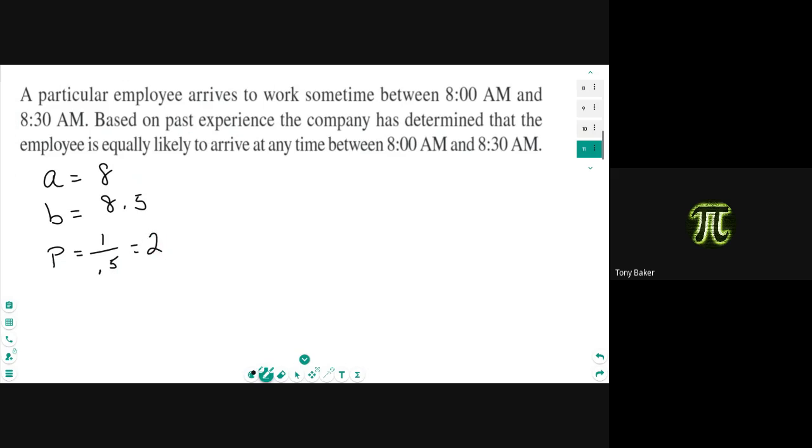So the height of my rectangle is 2. Or actually, we really probably shouldn't call that probability because probability can't be greater than 1. We'll call that height. It's not going to change any of the work later on.